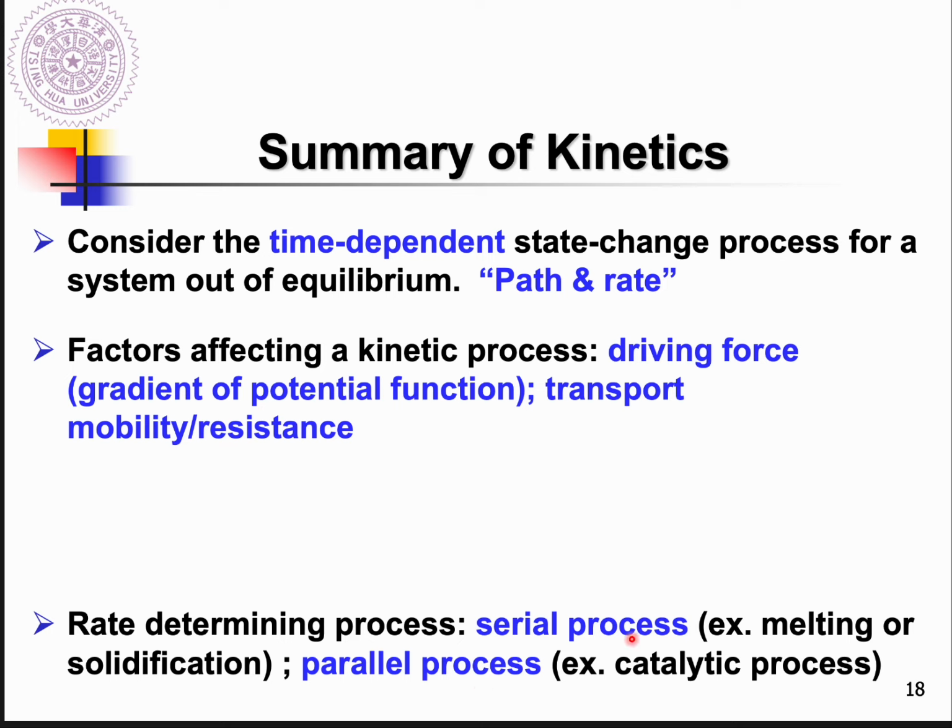In a serial process, for example, like the melting process, the slowest one will be the rate-limiting step. If the kinetics process we're talking about is a catalyst process, it is a parallel process, right?